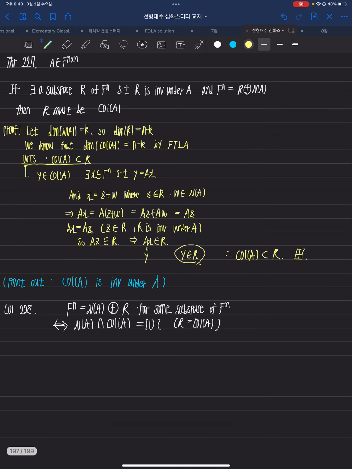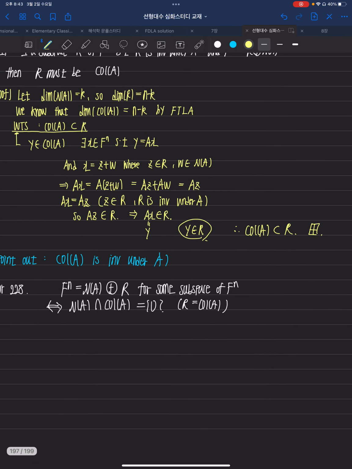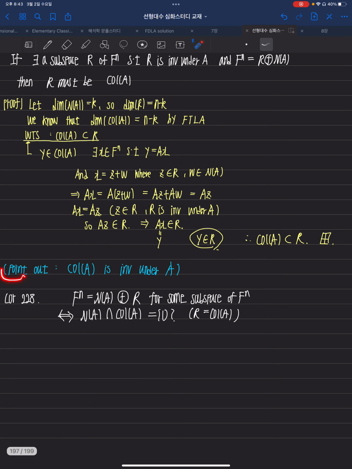And next, point out the column space of A is invariant under A, an invariant subspace of F^n under A. That is very obvious.